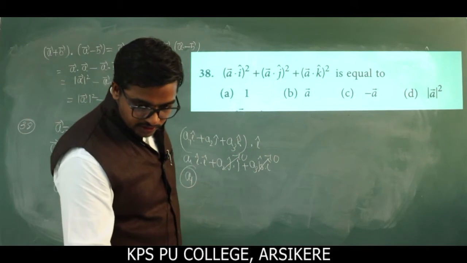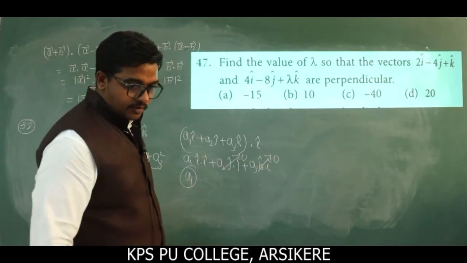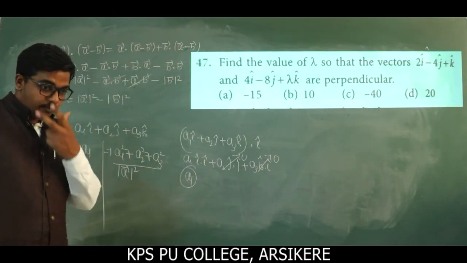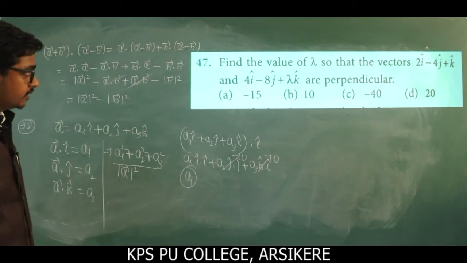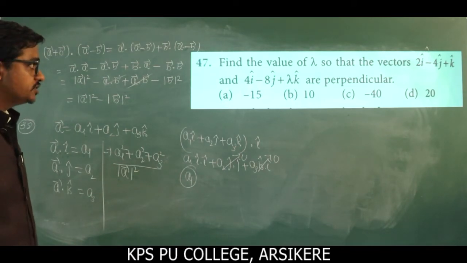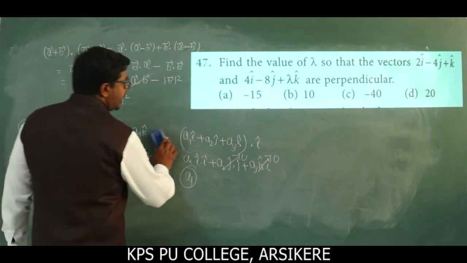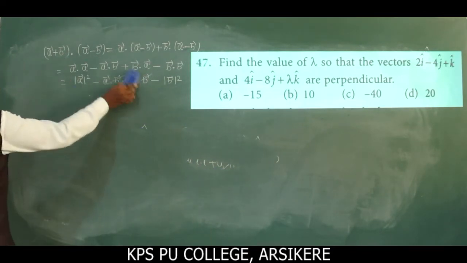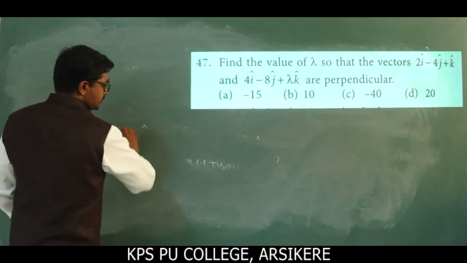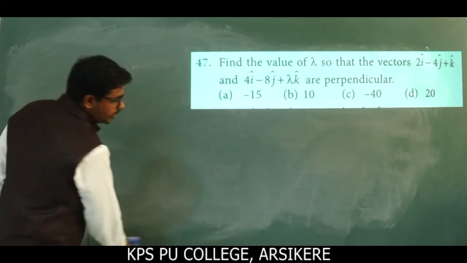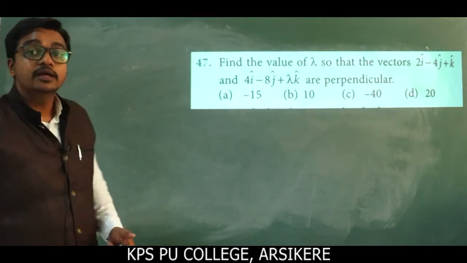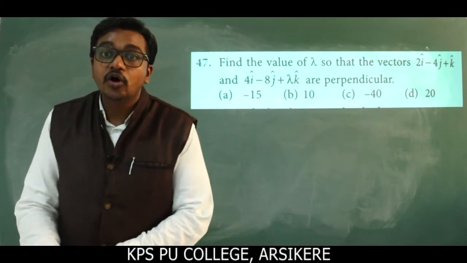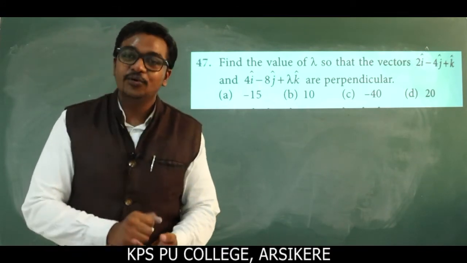Next we are going to the next question. Find the value of lambda so that the vectors 2i minus 4j plus k and 4i minus 8j plus lambda into k are perpendicular. Remember the properties of dot product. When they are perpendicular to each other, the corresponding scalar product or dot product is equal to 0.